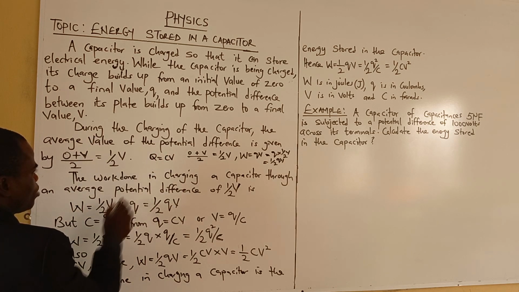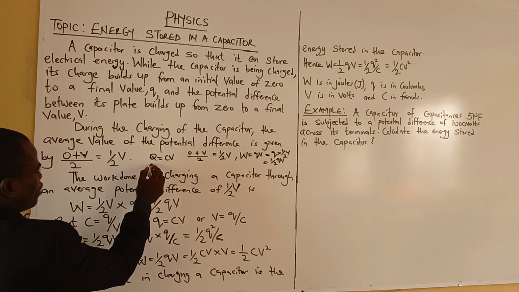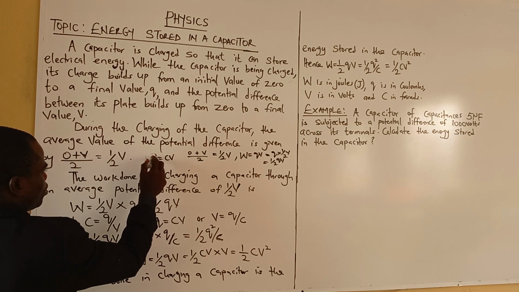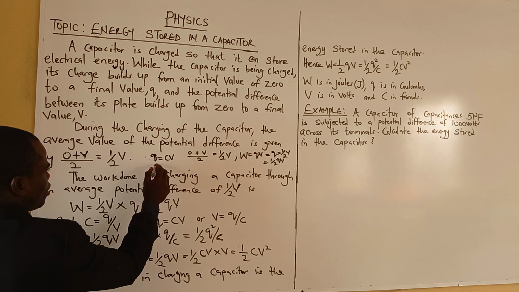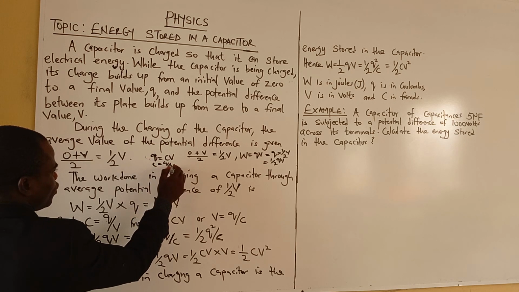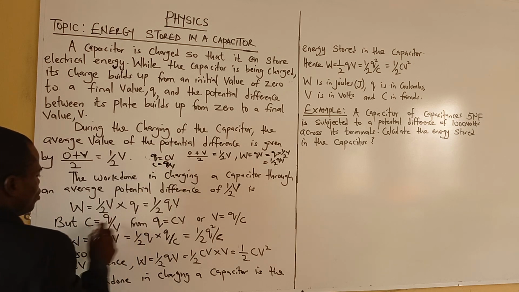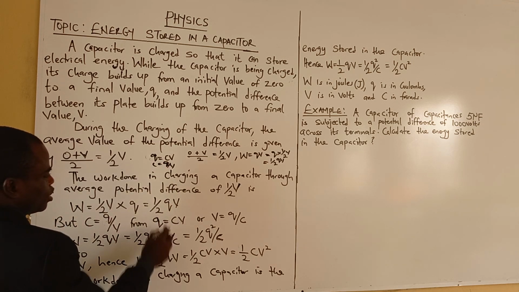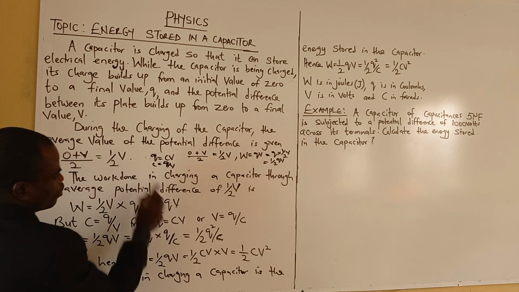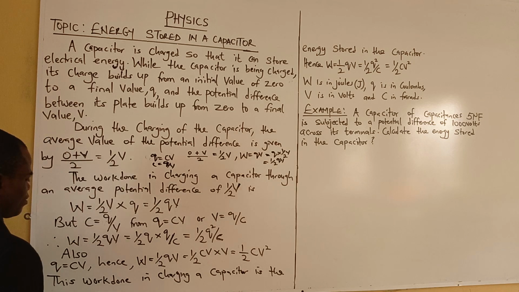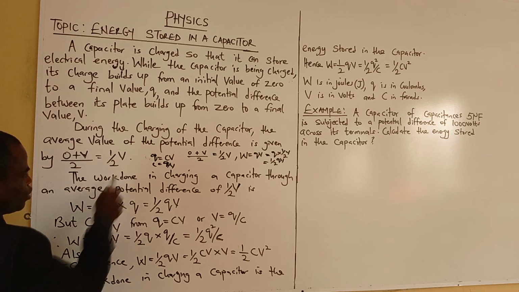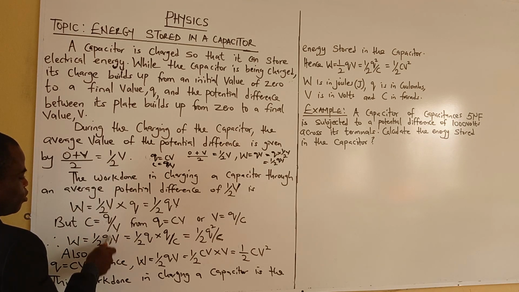But don't forget that Q is also CV. That's why we make C the subject of the formula. Since we are using small letter Q here, C equals Q over V, from Q equals CV, or when you make V the subject of the formula, V equals Q over C. Now, W equals half QV, since we are using the average value of the potential difference.